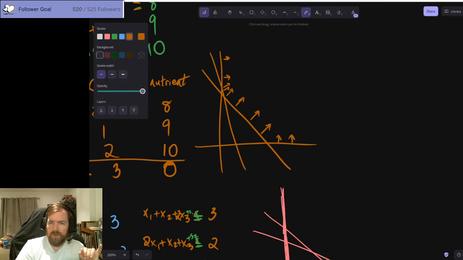And we want to basically say the only possible solutions are going to be the intersection points of each of the individual lines.